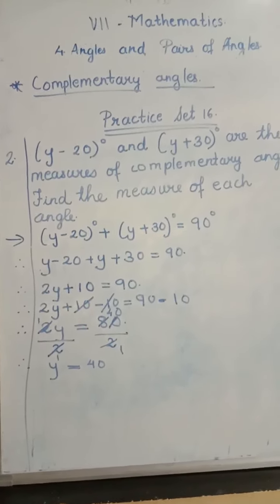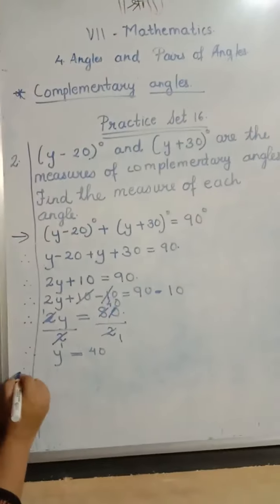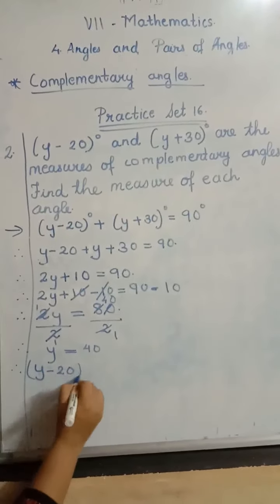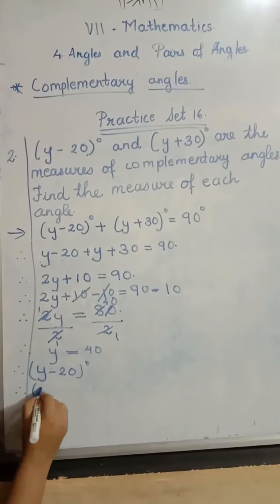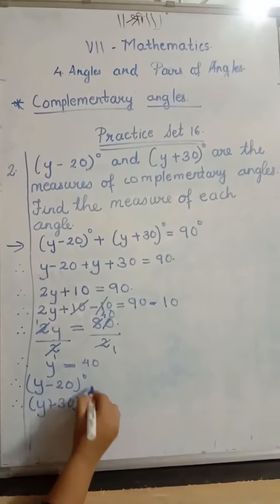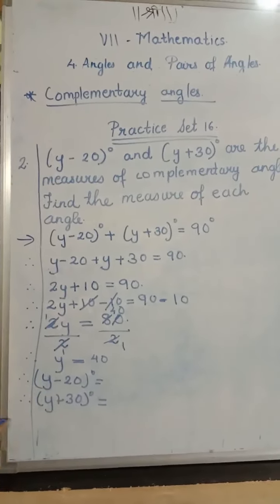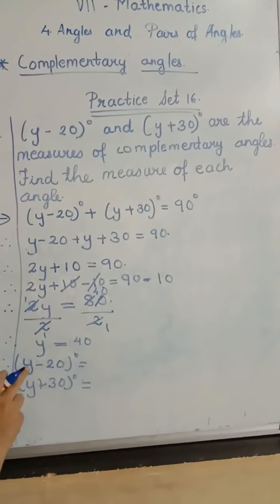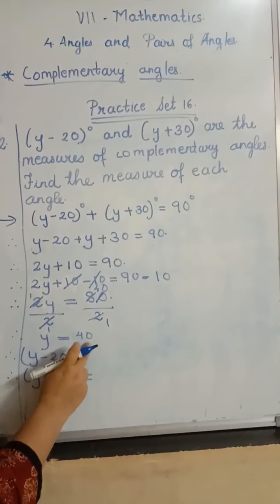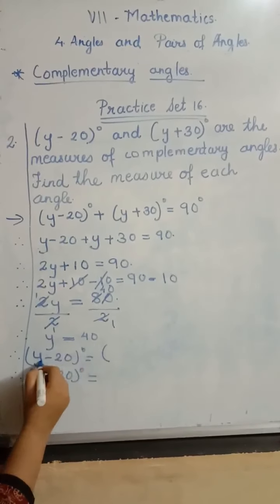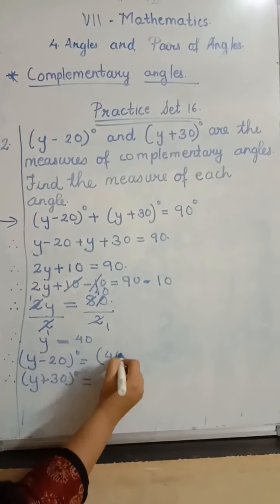Now we have two angles. What are those two angles? Y minus 20 degree. Another is y plus 30 degree. Okay. So we have to find out. See, find the measure of each angle. So now y's value did we get? That is 40. So we will substitute value in this. Okay. So y we will consider as 40.